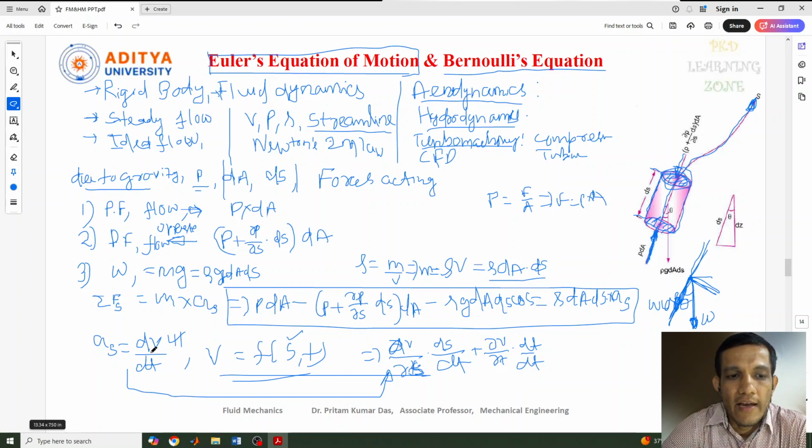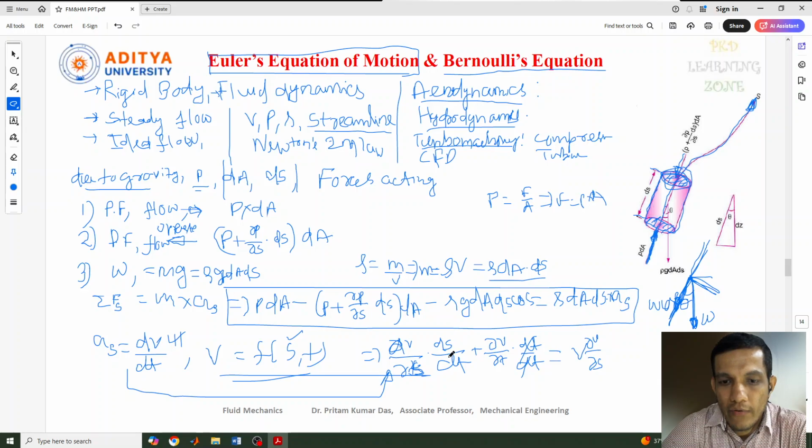I have just elaborated this. Now dt by dt will be cancelled, and ds by dt is nothing but v, velocity. We know that ds by dt is v. So I can write v del v by del s.